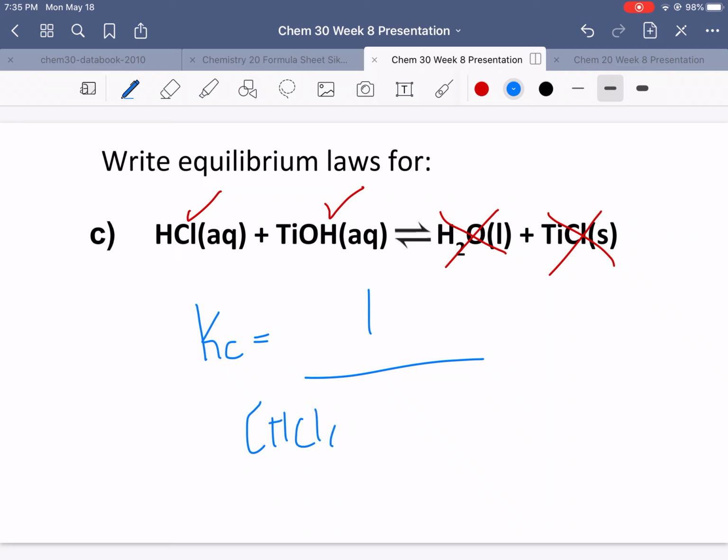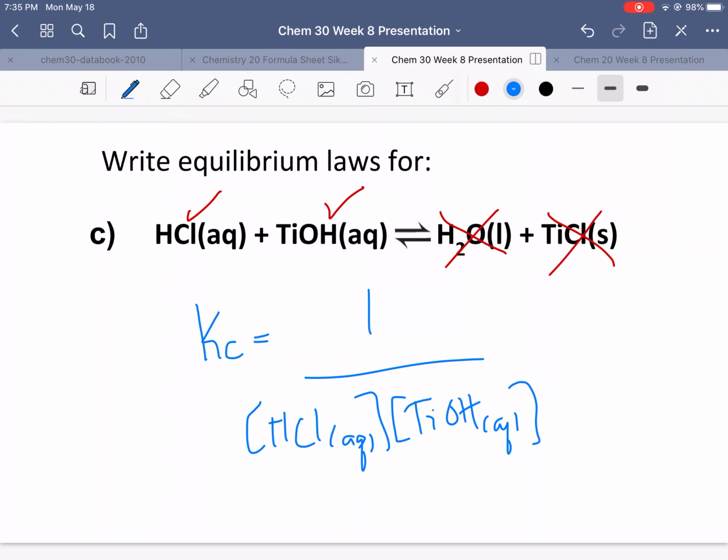Concentration of the HCl, aqueous, coefficient 1, so exponent is 1. Concentration of the titanium 1 hydroxide goes next. Aqueous, coefficient 1, exponent 1. There you have it. There's a couple questions you can do with this that are specific to just writing accurate equilibrium laws. So you can get a bit of practice with this.